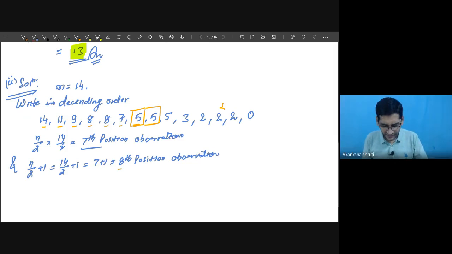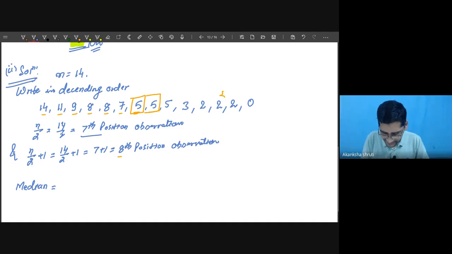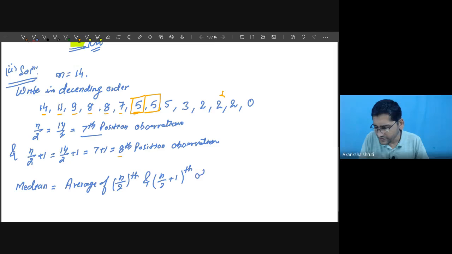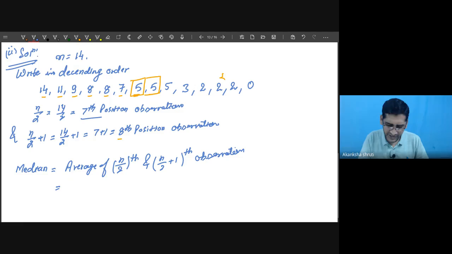So, median is equal to the average of the n by 2 and n by 2 plus 1th observation. Means what? Whatever the 7th and 8th that we have calculated, so 7th observation in this case plus 8th observation.